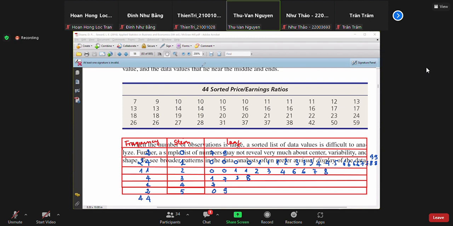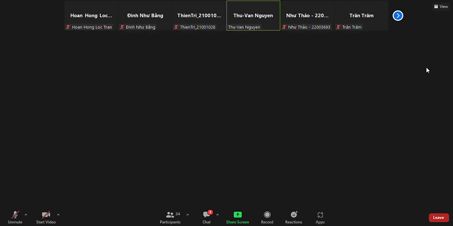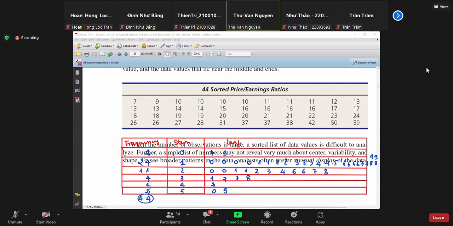That's right. Good. So how many data values do we have? Actually, we have 44 data values. So you can double check the number of data values we have here. So this is called the stem and leaf display.